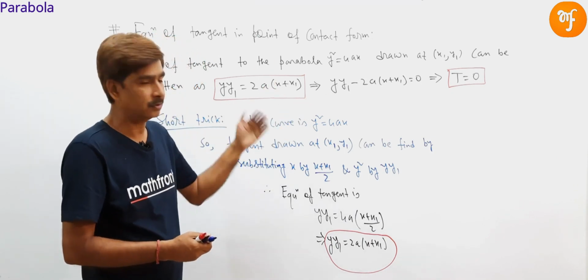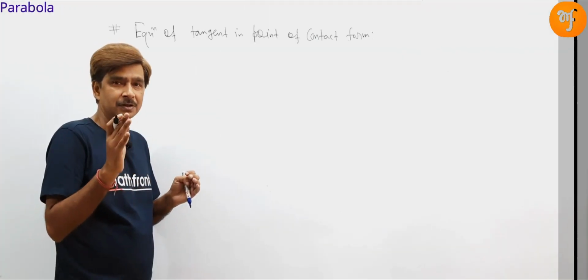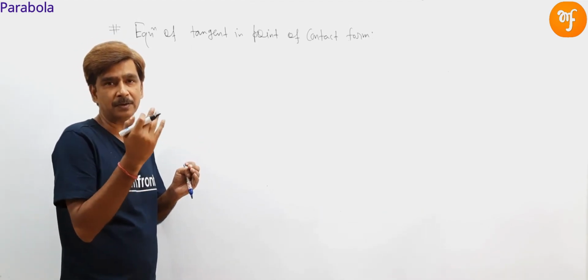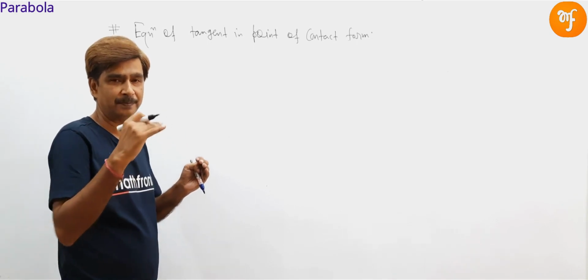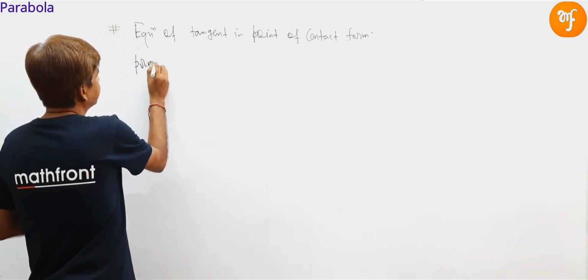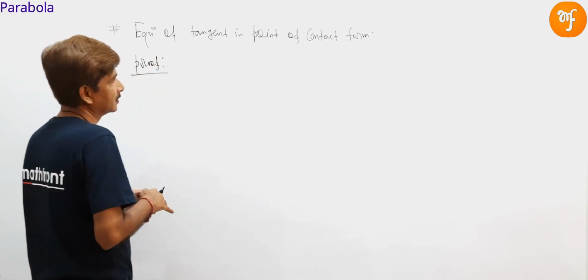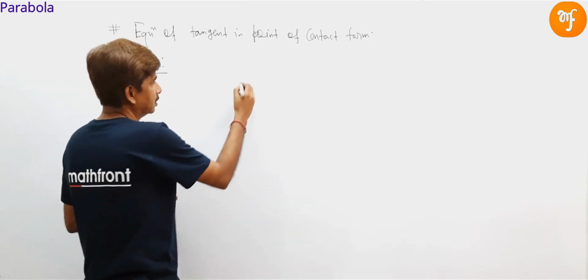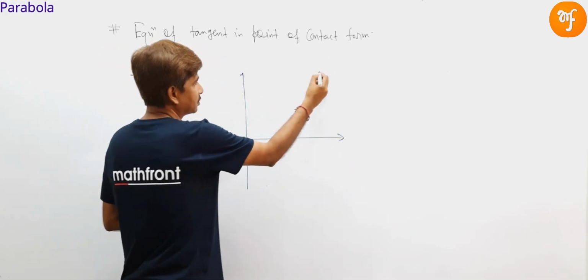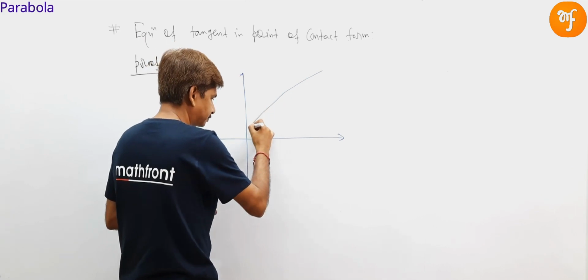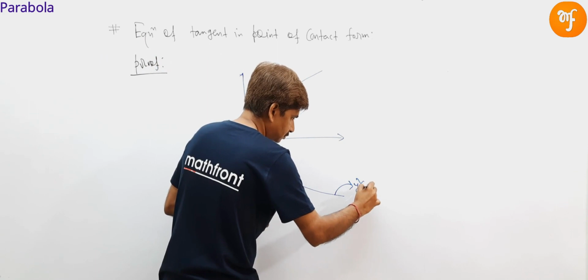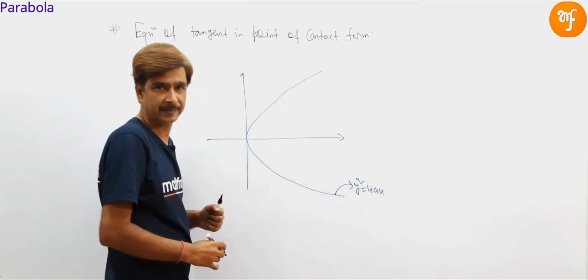Okay, so look how to prove the equation of tangent in point of contact form in another way, basically theoretically. So the proof is, we just draw the curve, that is y square is equal to 4x. Okay.